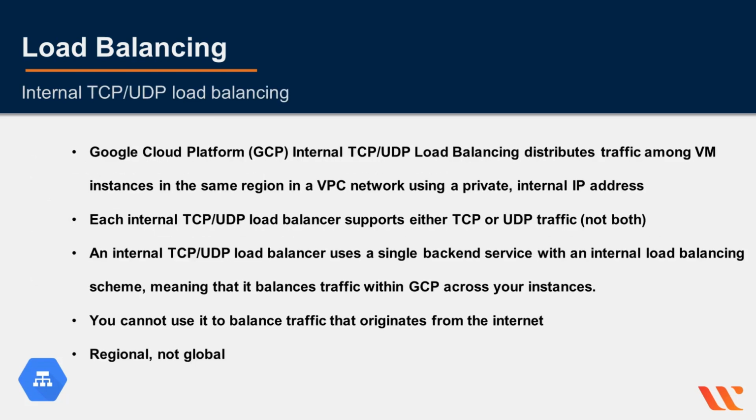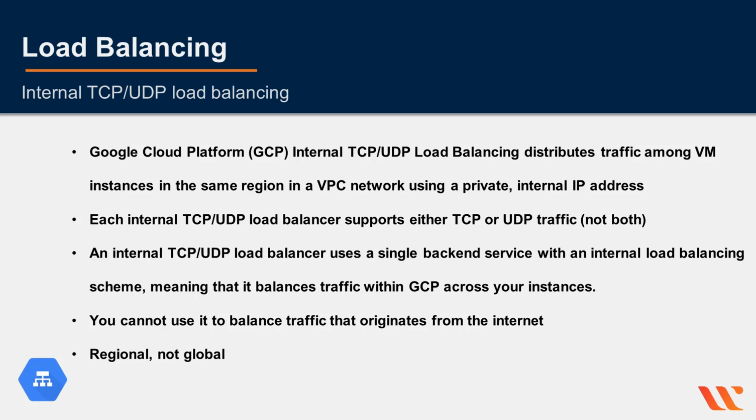Google Cloud Platform internal TCP/UDP load balancing distributes traffic among VM instances in the same region in a VPC network using a private internal IP address. Each internal TCP/UDP load balancer supports either TCP or UDP traffic, but not both.